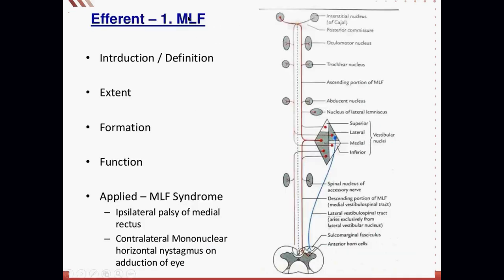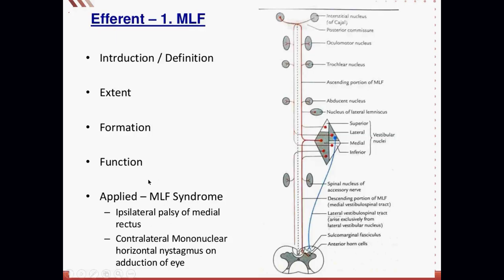So what is the medial longitudinal fasciculus? It contains the ascending, descending, crossed and uncrossed fibers of the vestibular nuclei that establish a connection with the oculomotor nerve, trochlear nerve, abducens nerve, vestibulocochlear nerve, and the 11th accessory nerve.